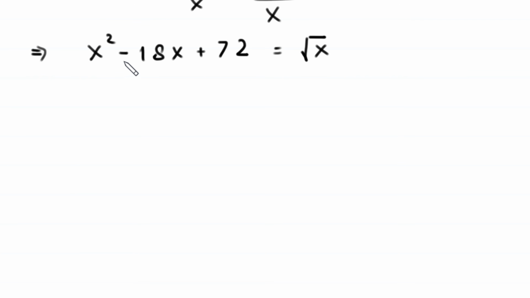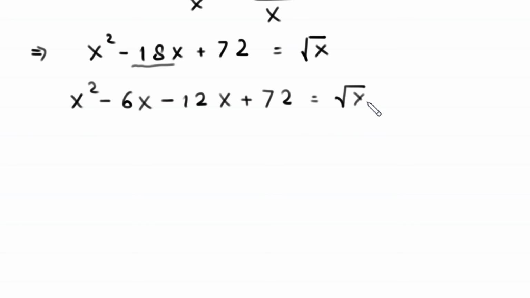Now the expression on the left hand side is factorable. We write x squared, break negative 18x into two terms, negative 6 times x minus 12 times x plus 72 equal to root x.